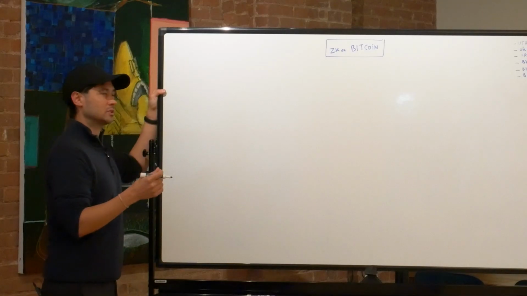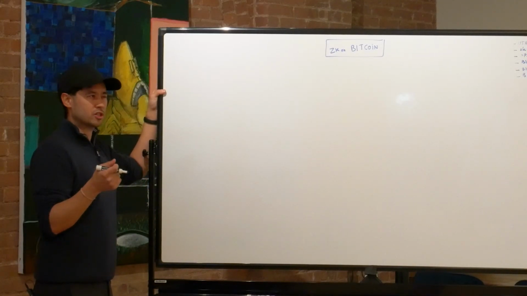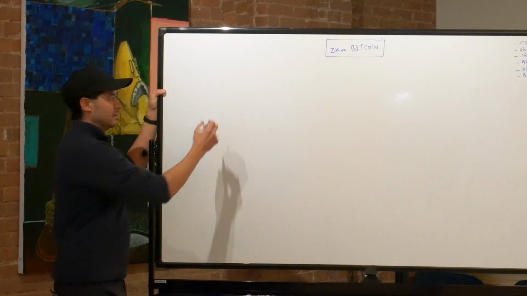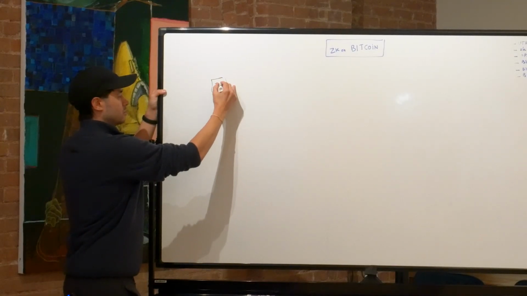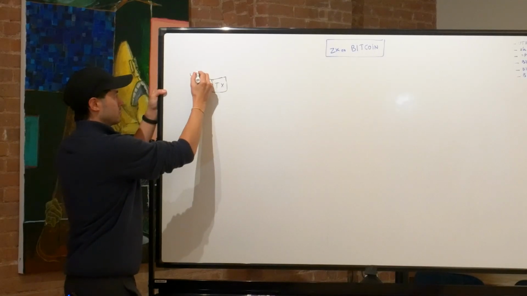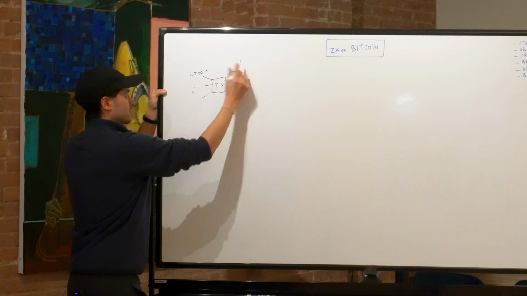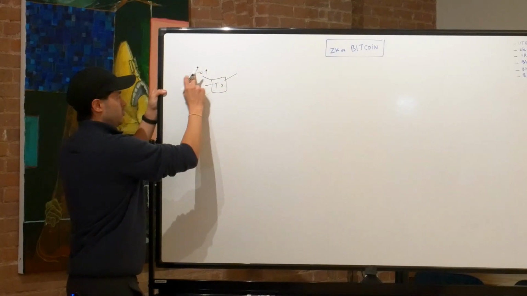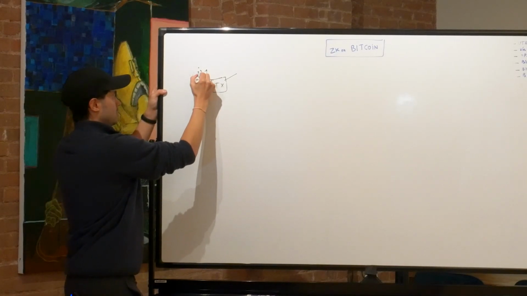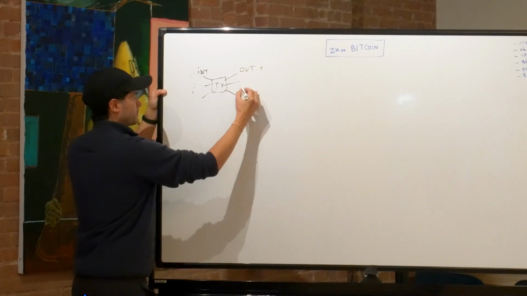UTXO stands for unspent transaction output. And whenever you create a transaction, you basically consume some of these UTXOs, let's call them inputs, and then you create a bunch of outputs.